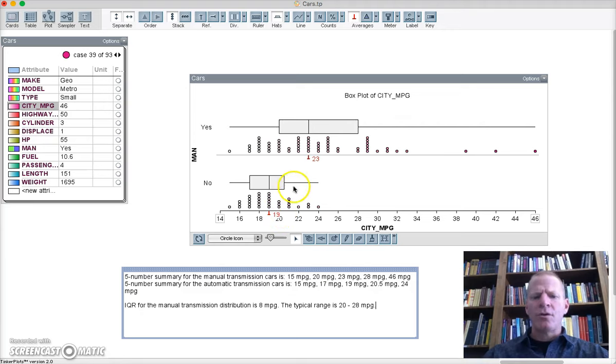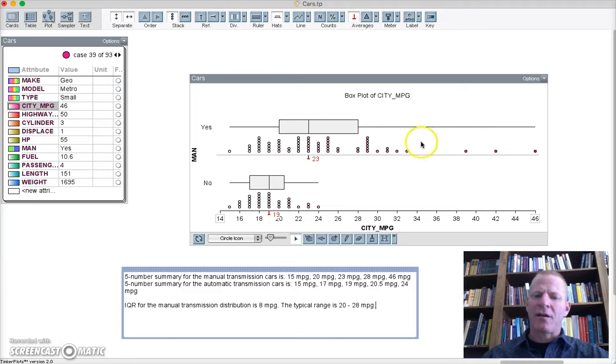Also, I might note that the lower 75%, so look at this, 25% here, 25% here, 25% here, so that's 75% right there, is almost entirely below the upper 75% of the manual transmissions. So that means that most, 75% of, which is most, automatic transmissions get less good mileage in the city than 75% of manual transmissions.